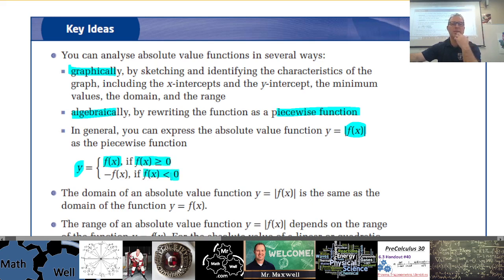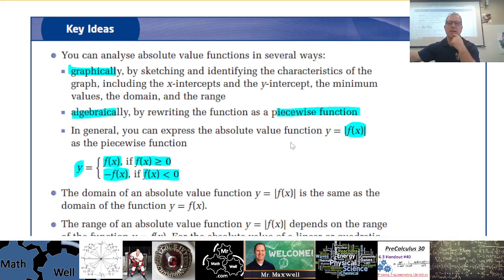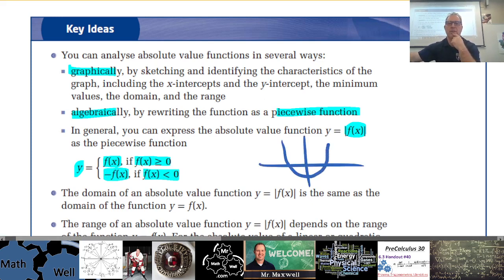If the f of x is negative, then you have to flip the graph. So this notation's a bit confusing, I would say, for you guys that are just learning this. But it's basically saying that if you have a graph that looks like this, the absolute value graph is the same when the graph is above 0. But it's the opposite, or the negative version of it, when the graph is below 0 there. Okay? It's basically this that we took a look at.